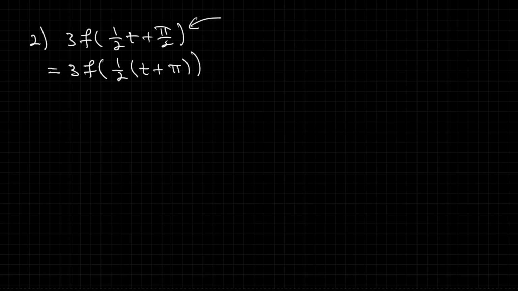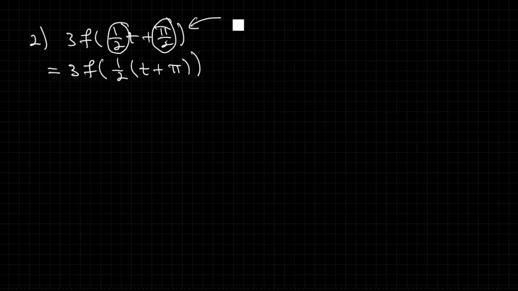Essentially, if you have a transformation that looks like this, where the number multiplying the t is not multiplying this pi over 2, you're going to want to factor out that number that's multiplying the t, in this case 1/2, from both of the first term, 1/2 t, and the second term, which in this case is pi over 2.